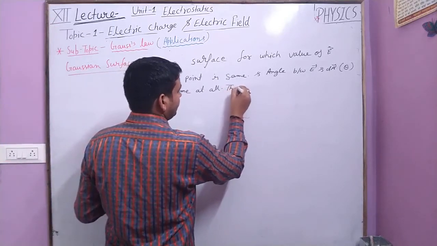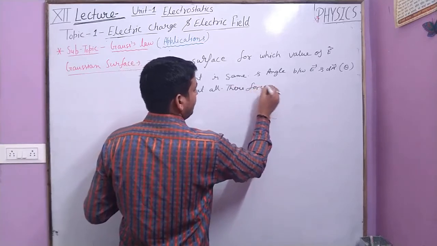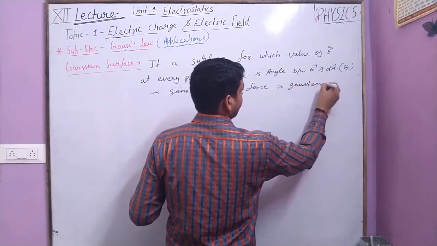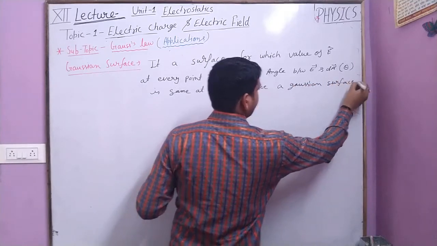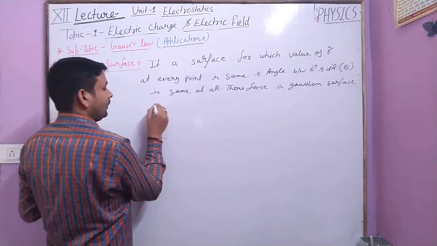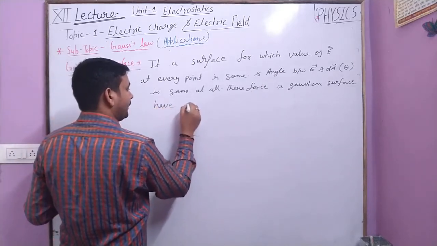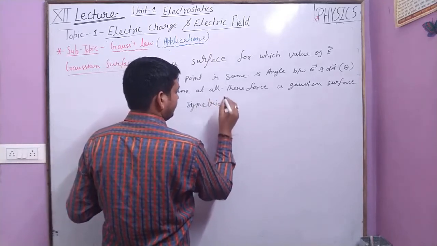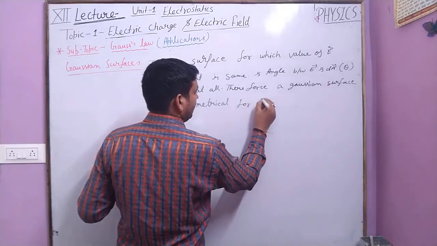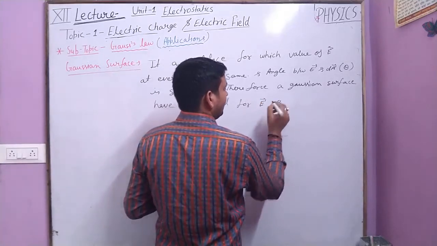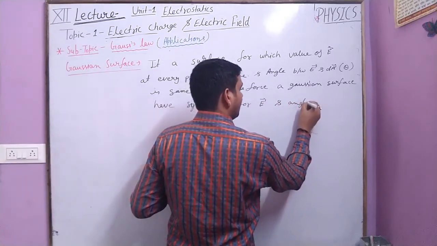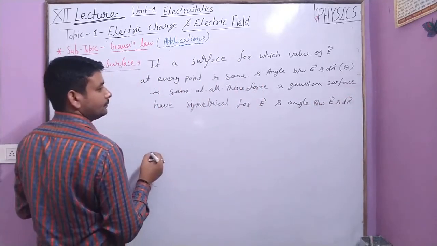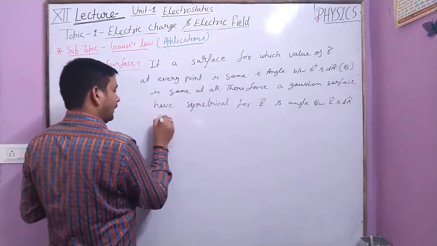Therefore, a Gaussian surface has symmetry for the electric field and the angle between electric field and area vector at every point.